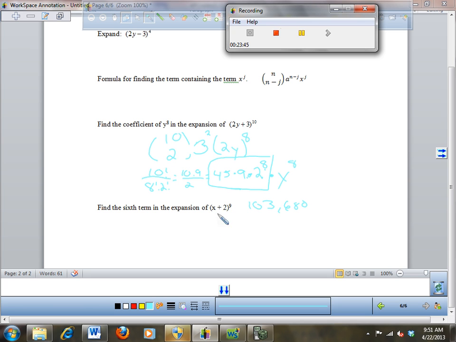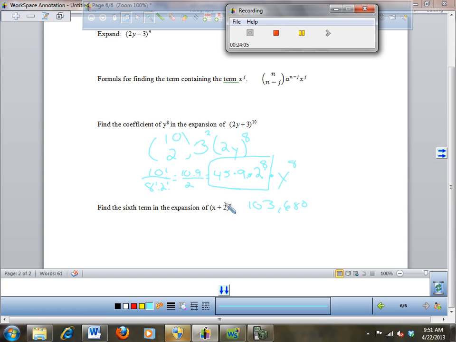So using this formula, for the sixth term of this expansion, what's the power of x going to be? I would do it this way.